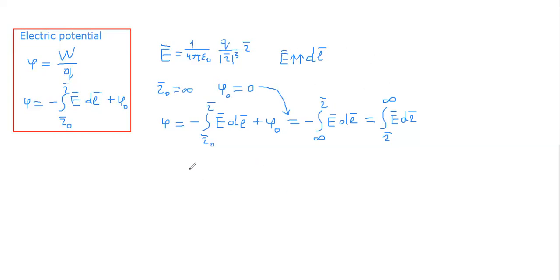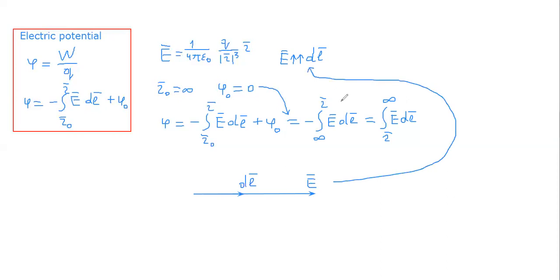I'll show this on the picture. E and DL. It means it can be written in this way.